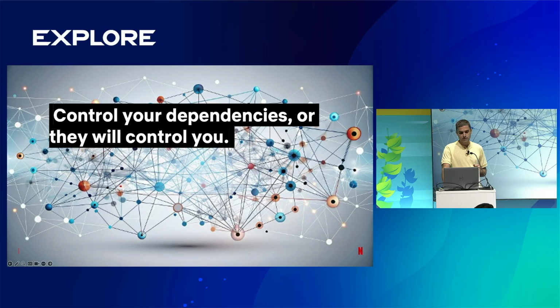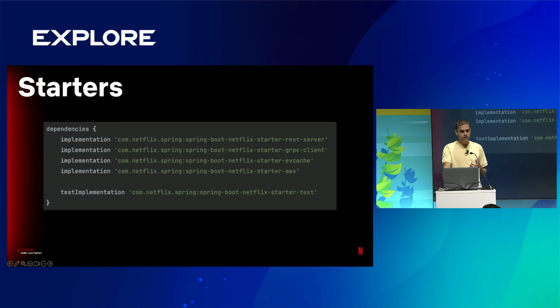So at Netflix, specifically for applications using our SPN framework, we leverage what are called starters, very similar to Spring starters, but specific to Netflix dependencies. A starter is basically a composition of all the dependencies needed for a specific feature. We have an example of the REST server.